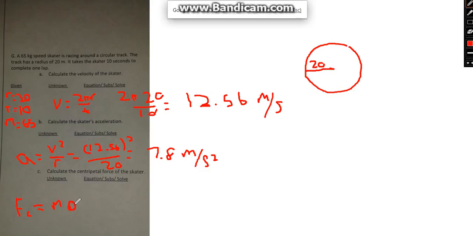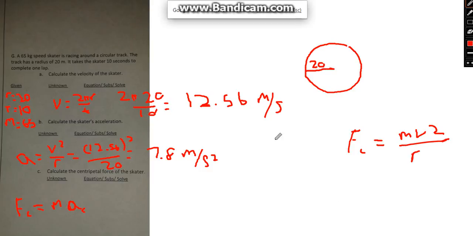The only situation you would need the other equation for is if they asked you to solve centripetal force and didn't give you acceleration.